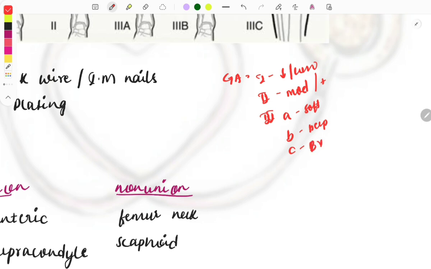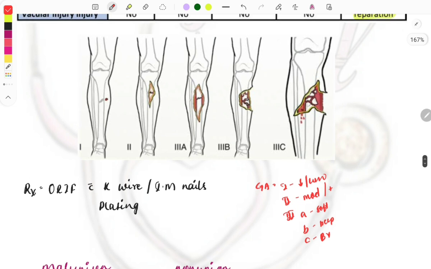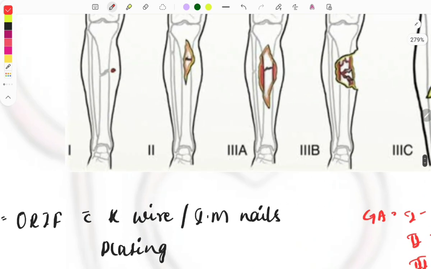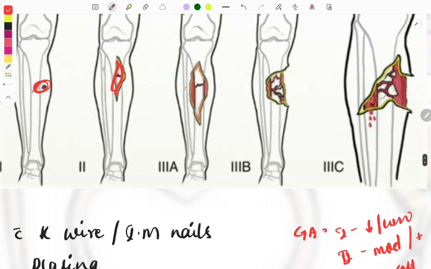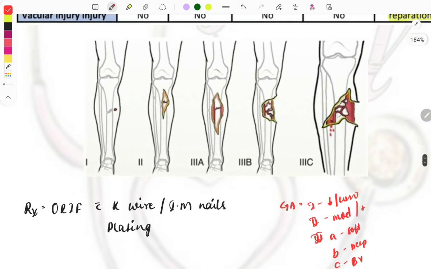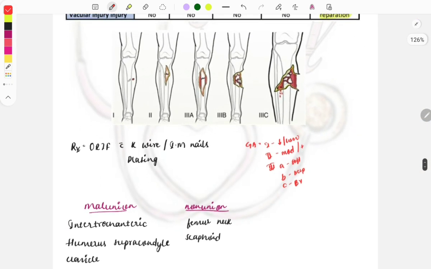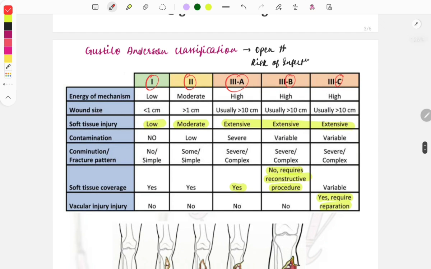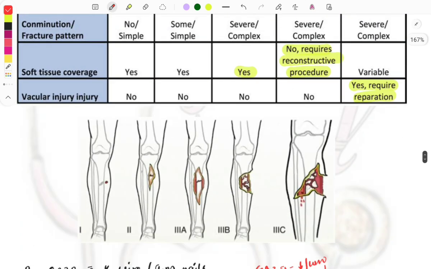If blood vessels are involved, then it will be class C. Here in the image you can see that 1 has minimal injury, 2 has a little more injury, and 3 has A, B, C. You can see here that in C it is penetrating into the whole organ and damaging a large number of parts. Okay, so this is the Gustilo-Anderson classification.